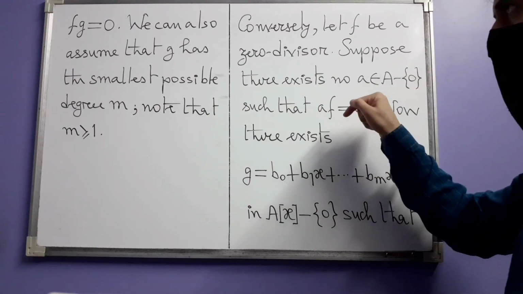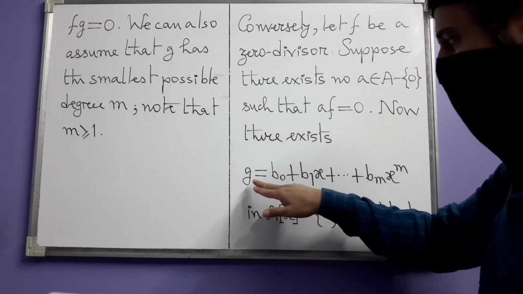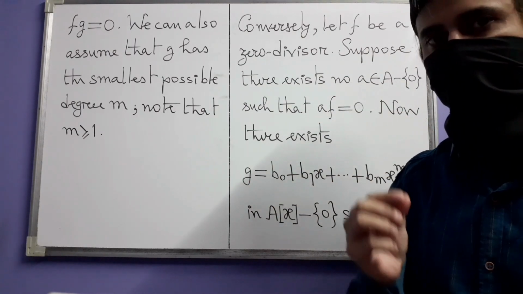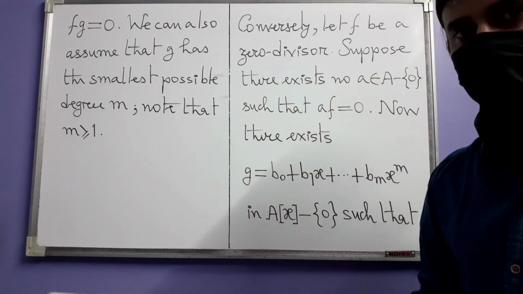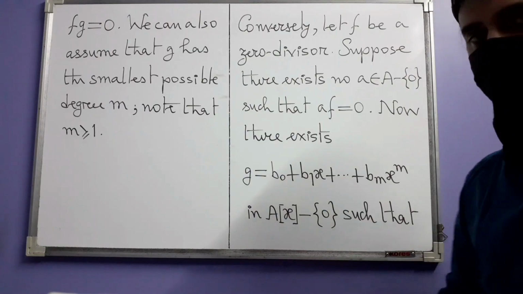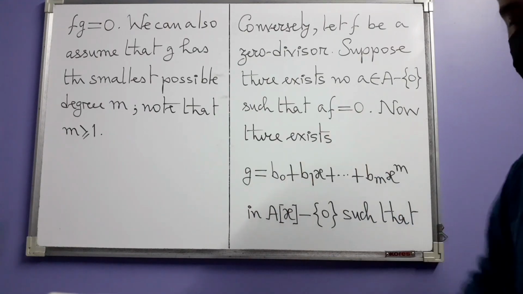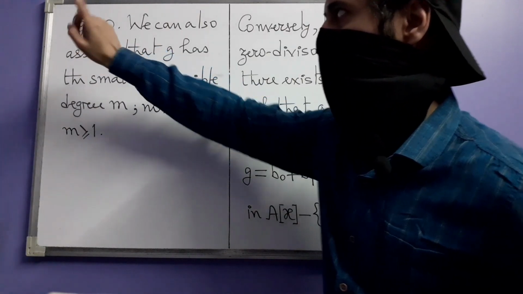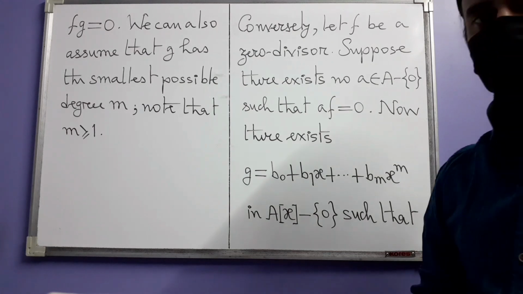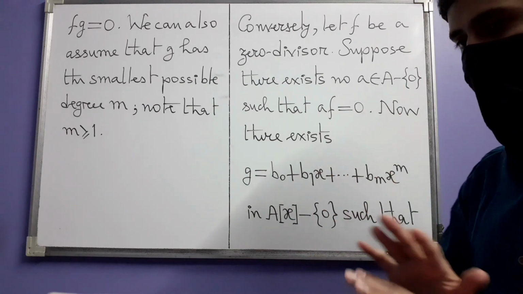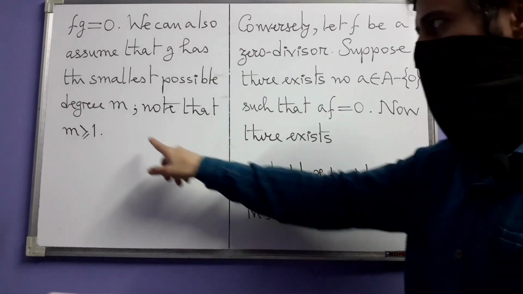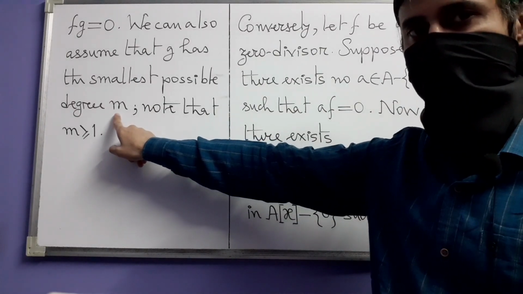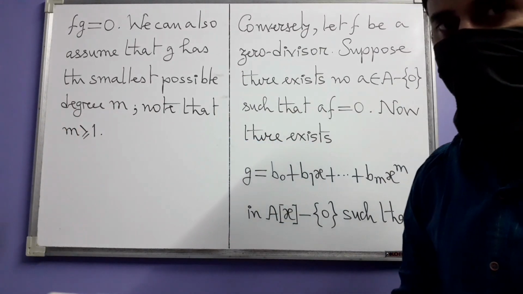Now in this situation, under this supposition, if g happens to be of degree 0, then g is just b0, and because g is non-zero, b0 will then be a non-zero ring element, and then this condition will reduce to this, which is something we are not having here under this supposition. So that forces the degree of g, which is m, to be a positive integer.